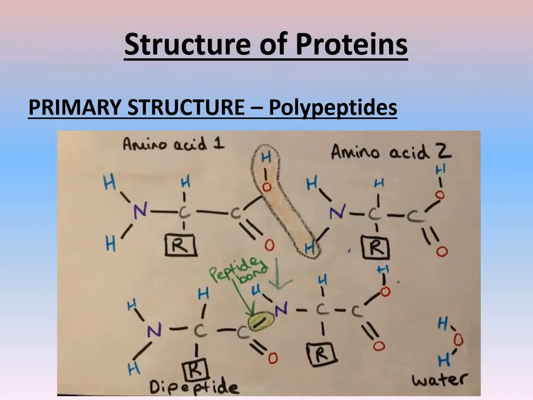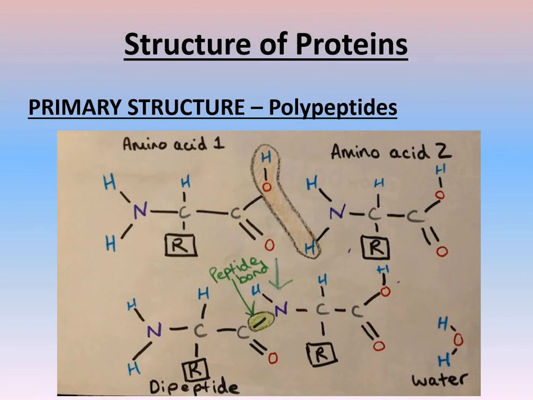So if we now just look at how a dipeptide is formed, which is two, because di means two amino acids. So dipeptide means two amino acids joined together. So an OH is taken off the carboxyl group, and a H is taken off the amine group of another amino acid, and the H2O is taken away or released because it's a condensation reaction.